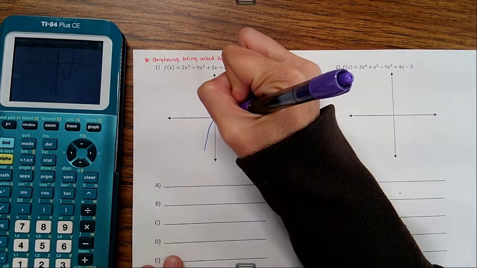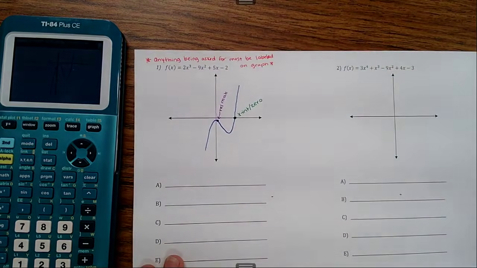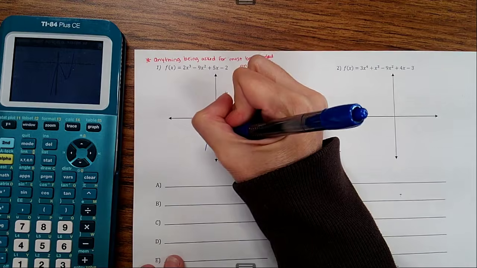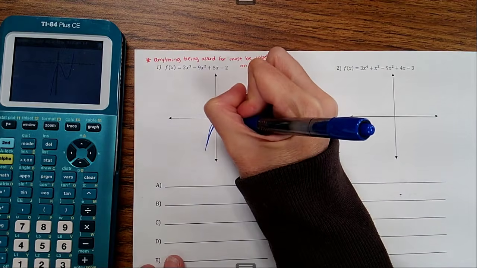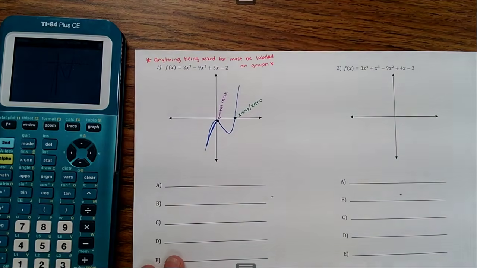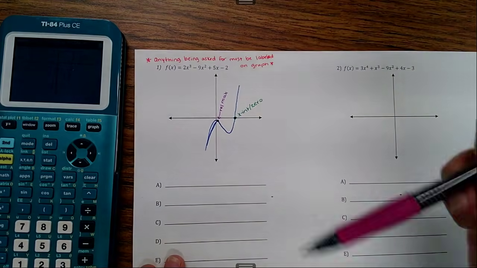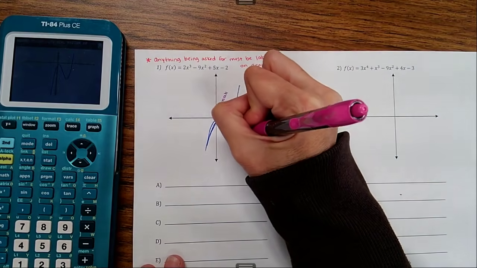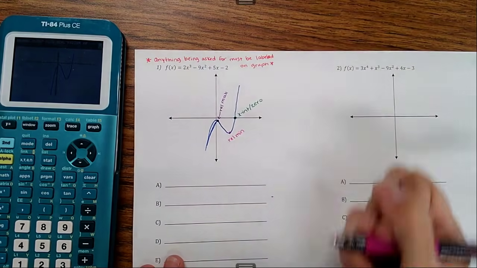It should have crossed. Maybe it really should go more like that. Okay. And then we have a relative minimum here.